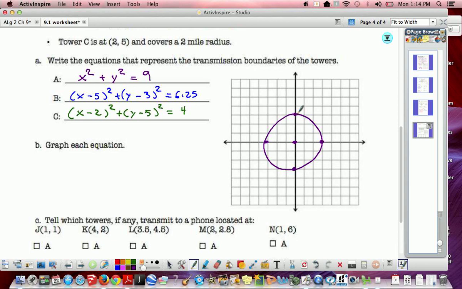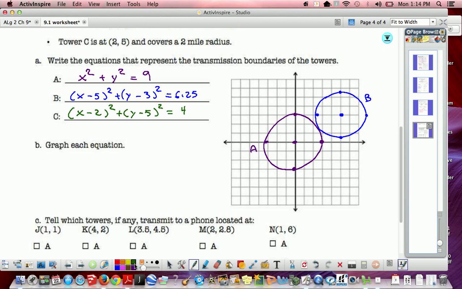All right, on the one in blue, we are located at 5, 3, and then we have a radius of 2.5 miles. So 2.5, up 2.5, to the right 2.5, down 2.5. So here we go, B. And then I'm going to just go back here and label this one A.